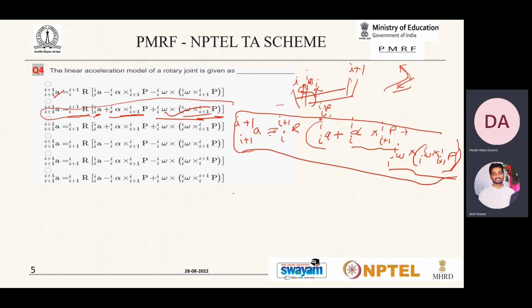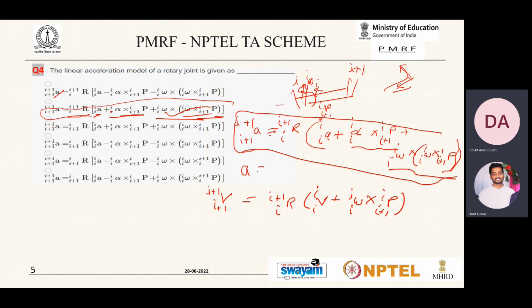Earlier, during the velocity propagation, we have also seen V I plus 1 to I plus 1, right? That is similar to this: I plus 1 to I V I, that means whatever V is available here plus the effect of this link length and omega, so I omega cross I P I plus 1. So this was how we can write V I plus 1 to I plus 1.